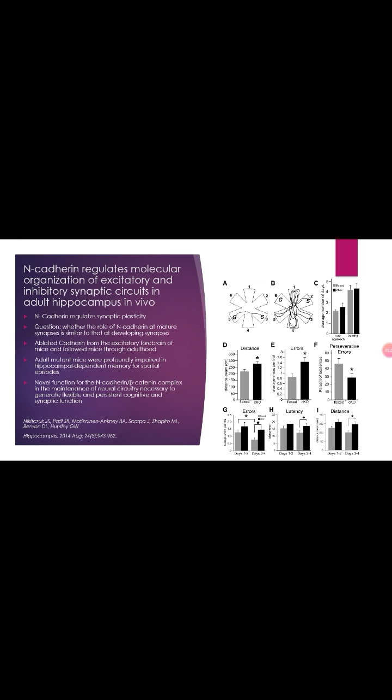What this shows is that the novel function of the N-cadherin and beta-catenin complex, the maintenance of neural circuitry, is necessary to generate flexible and persistent cognitive and synaptic function, which leads to the formation of memory.